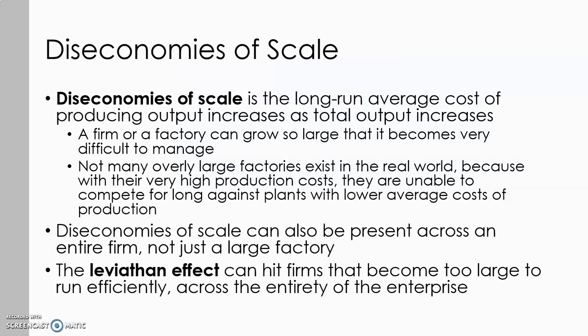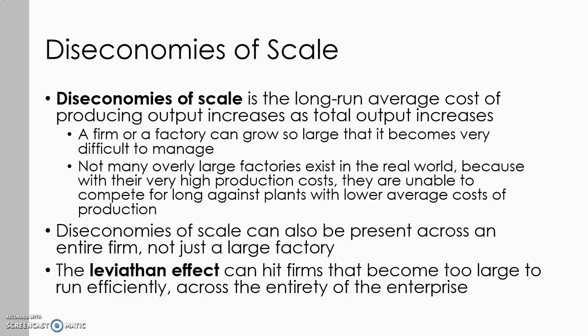Diseconomies of scale is the opposite of economies of scale. It's when your average total cost is increasing rather than decreasing. A firm or factory can get so big that it becomes difficult to manage. So there aren't too many of these in the real world, but it's definitely possible. Diseconomies of scale can also be present across an entire firm, not just one big factory.